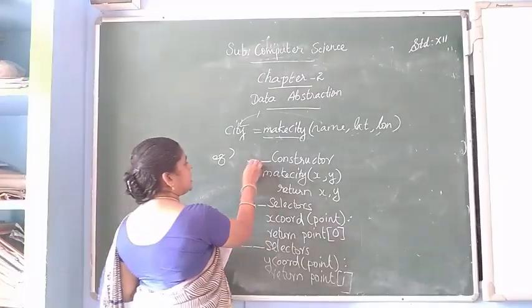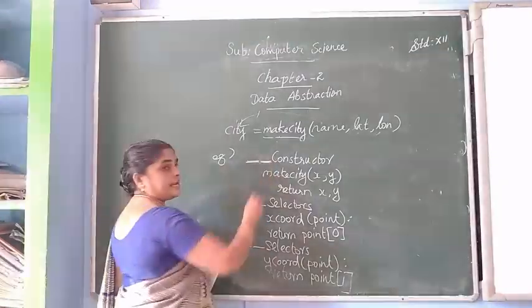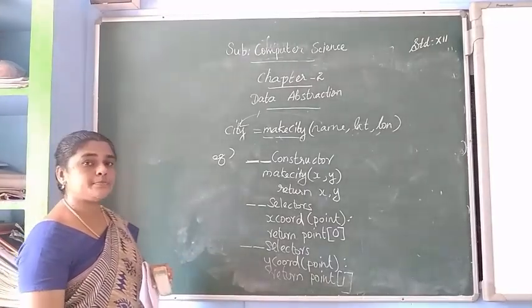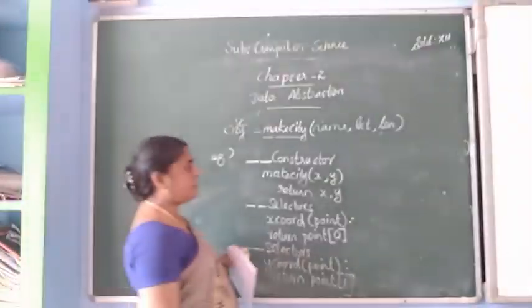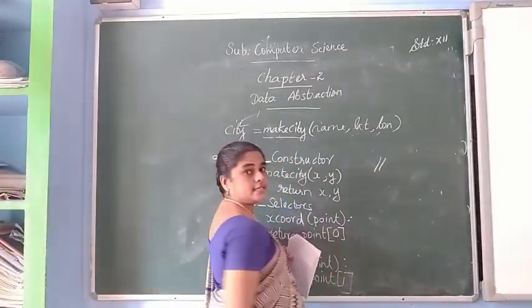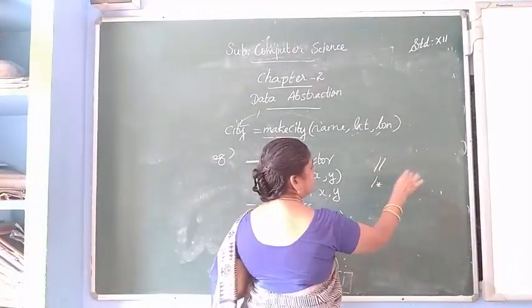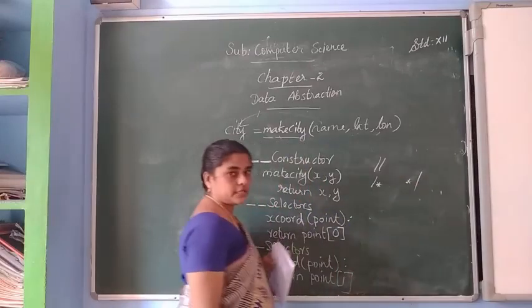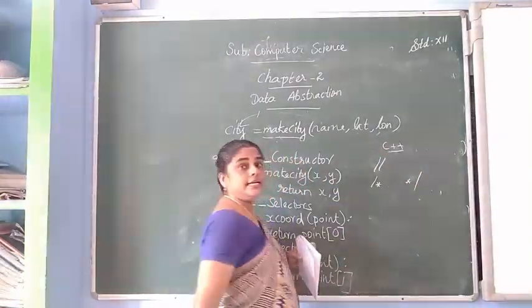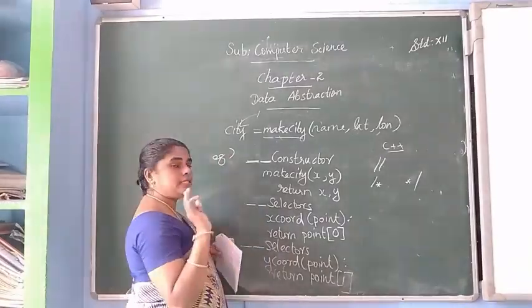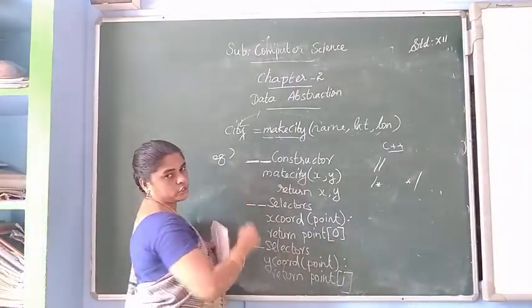See, why are we using underscore here? Can you say? In C++, we have studied the comment statement. Can you remember what the comment statements are? Double slash, and slash star, star slash. This is the comment statement in C++. Here in Python, the comment statement is double underscore.